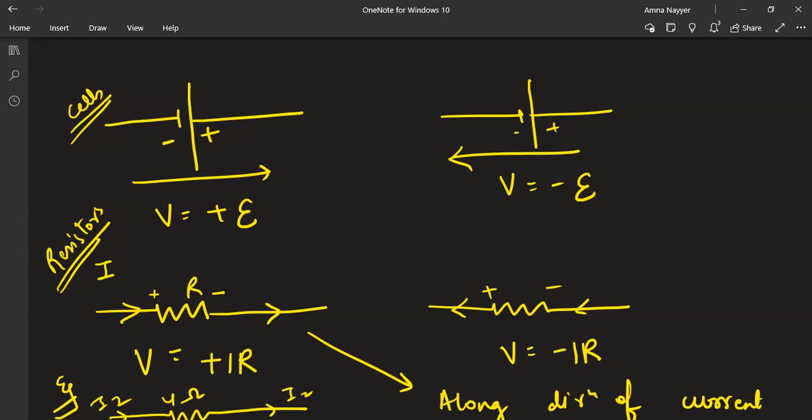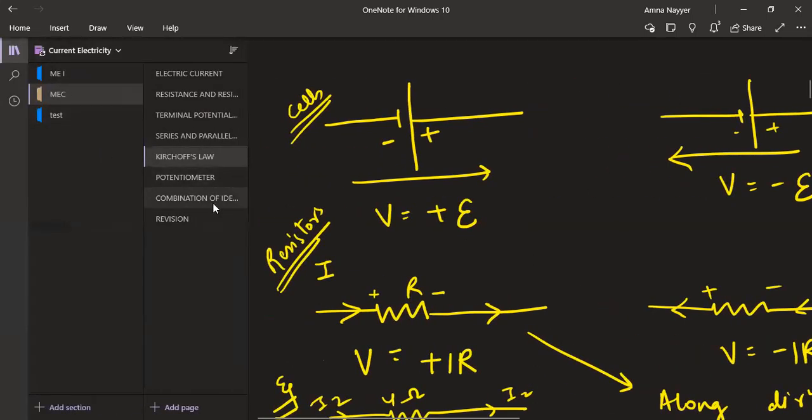Current flows from the positive to the negative terminal of the resistor, from higher to lower potential. If you are moving in the same direction as the current, anticlockwise or clockwise, you put it as positive. If you are moving in the opposite direction, take it as negative. This is all about Kirchhoff's law. You just have to apply all these things in a single formula.